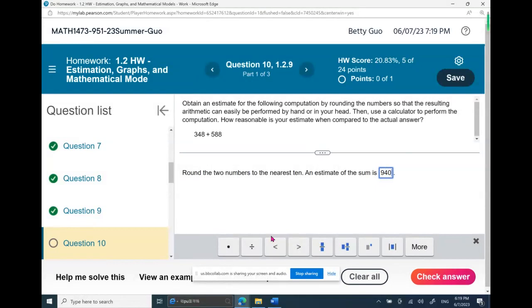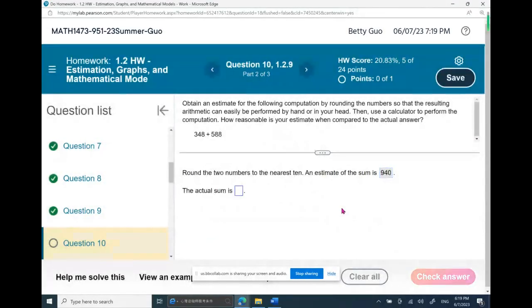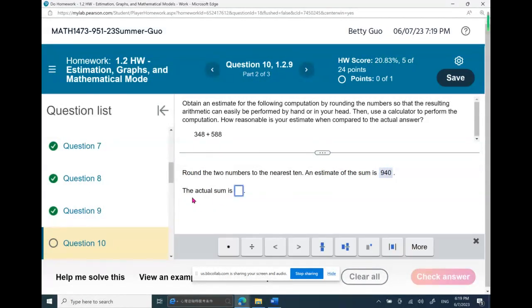You have 940? Yes. Okay, awesome, perfect. Next, the second part: the actual sum. Well, actual sum, let's see. What is 348 plus 588? 936.